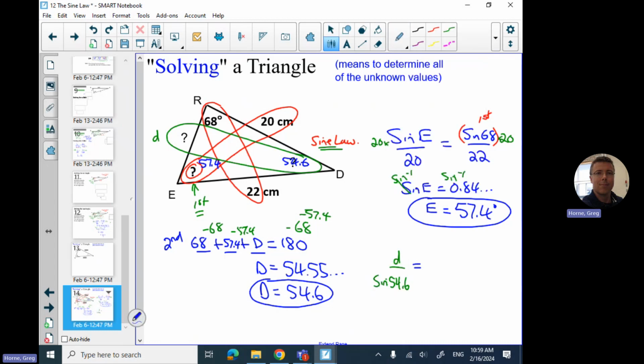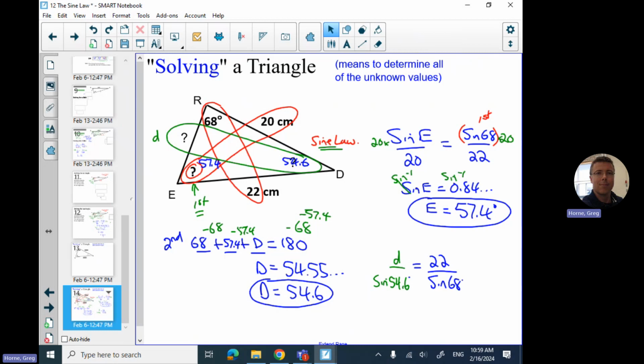So yeah, D over sine of 54.6. We need another ratio of sides, so we might as well use the original one: 22 over the sine of 68, of course. Don't forget to do the sine of it as part of it.